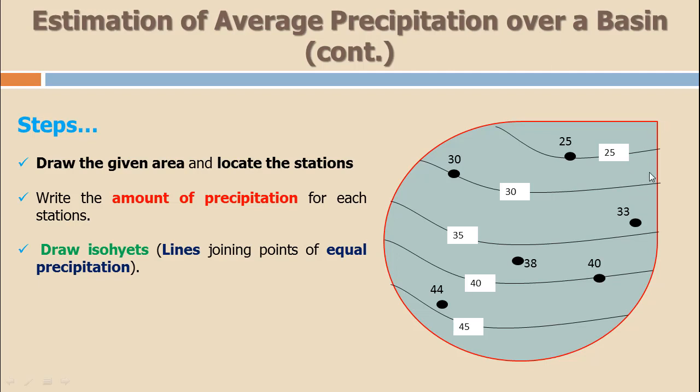Okay, now we have isohyets. Remember, the difference between any two isohyets should be constant. This is the 25 millimeter and 30 millimeter, and similarly 35. So how much is the difference? The difference is 5 millimeter.